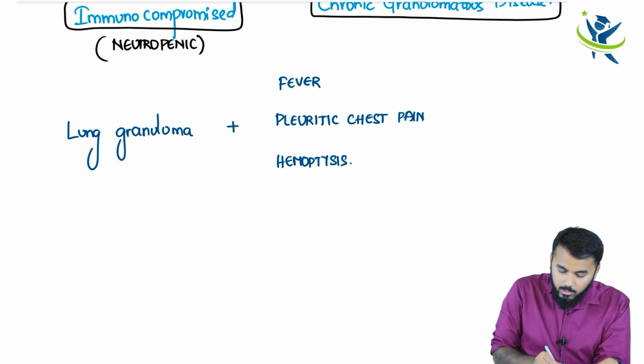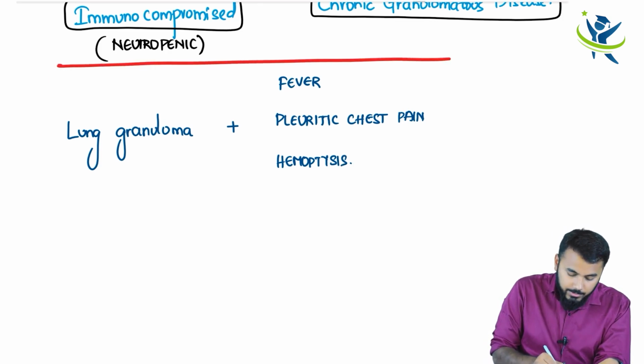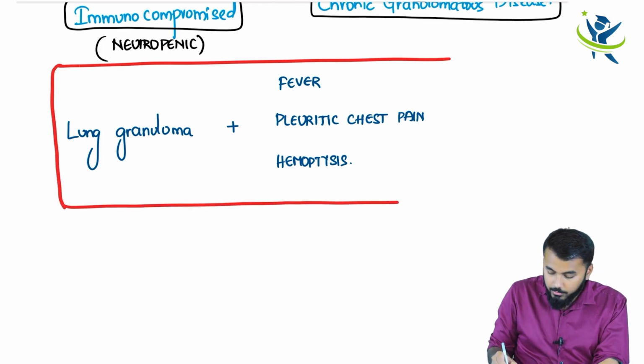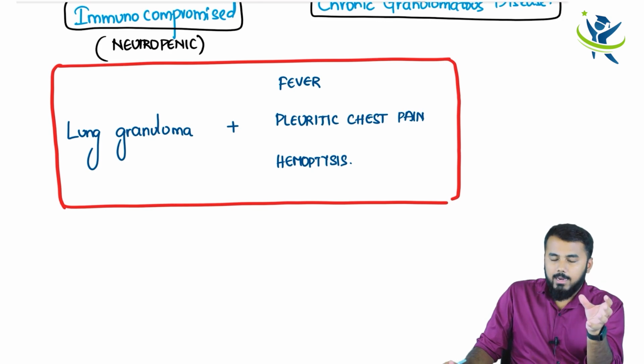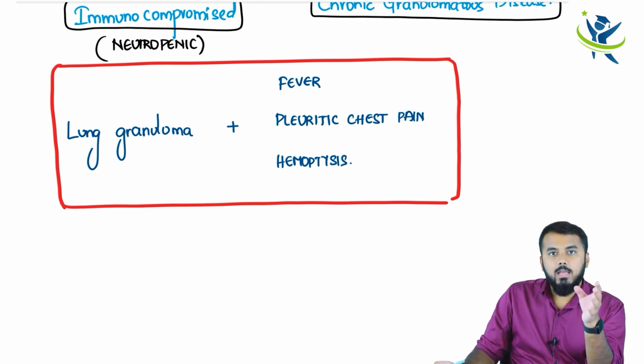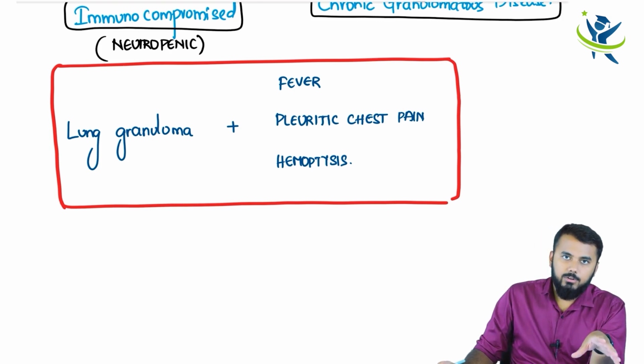So if you find in the question paper that there is lung granuloma along with fever, pleuritic chest pain and hemoptysis, that would be Aspergillus fumigatus infection.